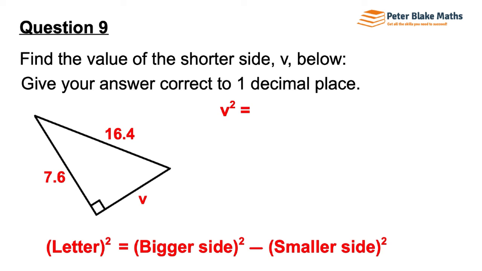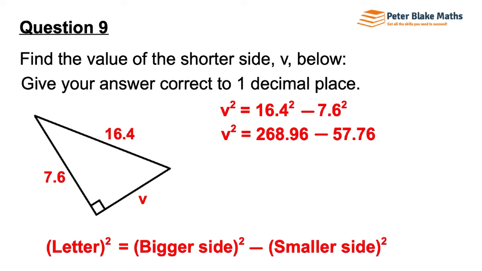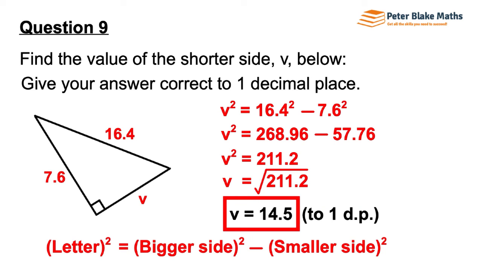So the letter is v, so we'll have v squared equals the bigger side 16.4 squared minus the smaller side 7.6 squared. And it's just a matter of processing that. V squared equals 268.96 minus 57.76. V squared equals 211.2, and we'll square root both sides to get a final answer there. V equals 14.5 if we've rounded that off to 1 decimal place like the question asked us to do.